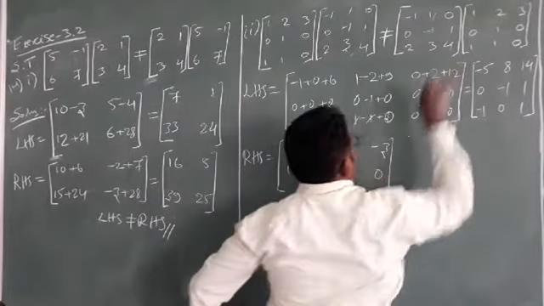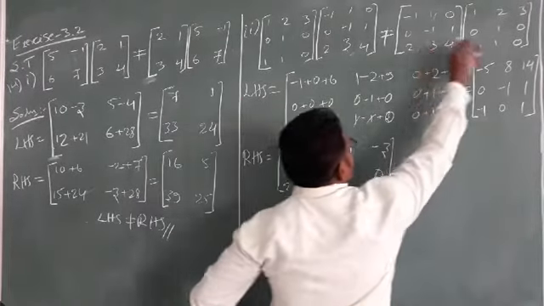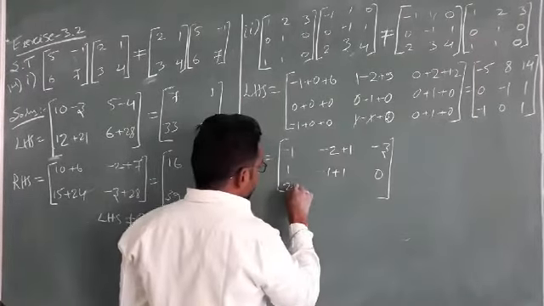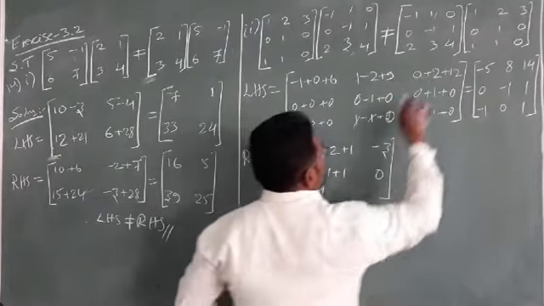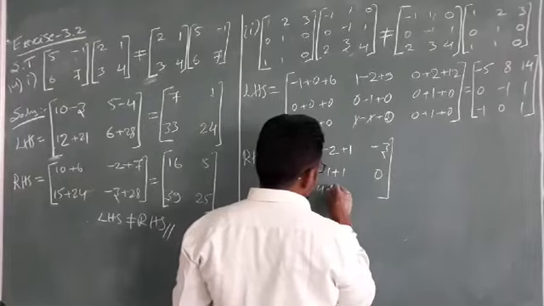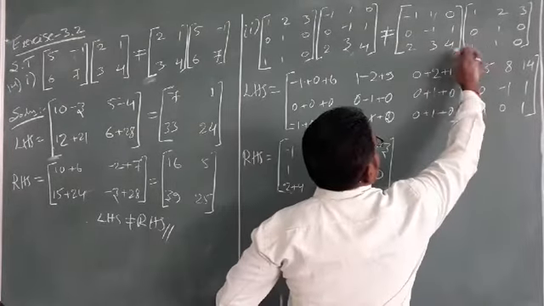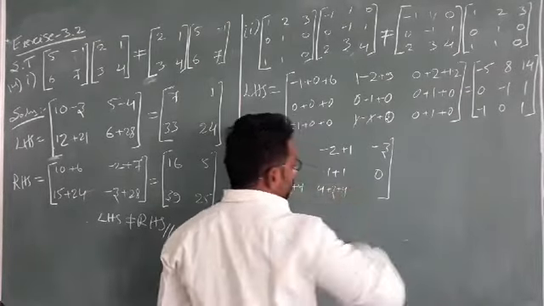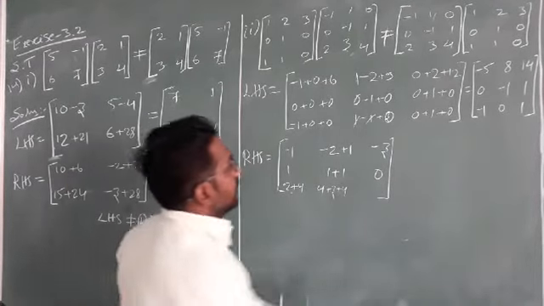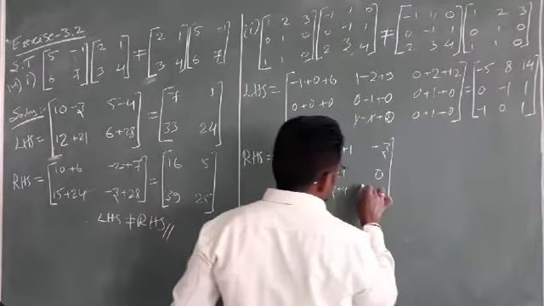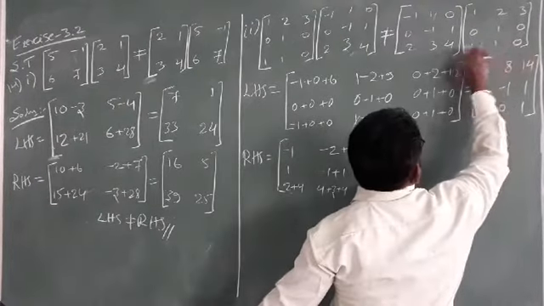2 into 1, 2. 3 into 0, 0. 4 into 1, plus 4. 2 into 2, 4. 3 into 1, plus 3. 4 into 1, plus 4. Okay. Next, 2 into 3, 6. 3 into 0, 0. 4 into 0, 0.